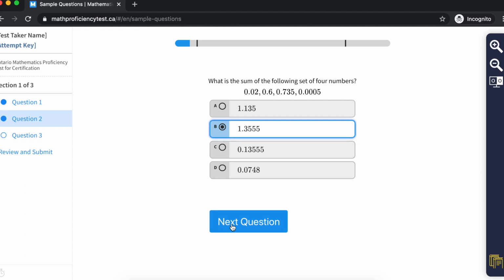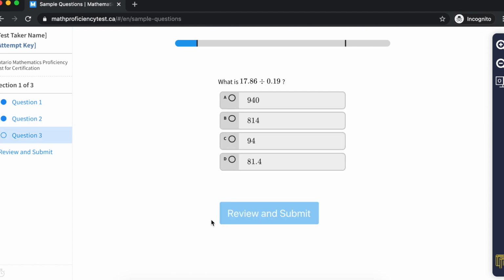Okay, next question. What is 17.86 divided by 0.19? Okay, so the decimals might throw you off here, but a trick that you can use is to just get rid of the decimals. So 17.86 divided by 0.19, that's how we would write it as a fraction, right?